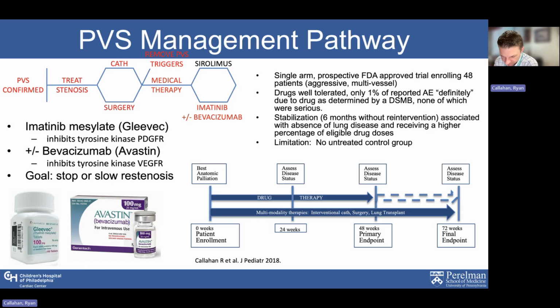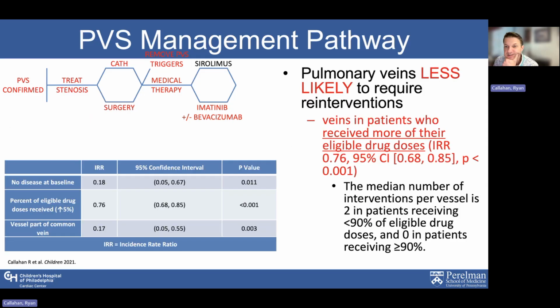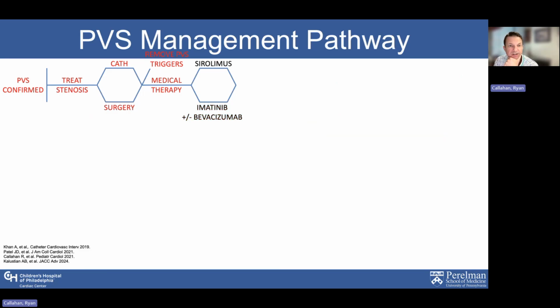So these complex babies tolerated the meds, and the patients who did the best were the ones that got most of their doses. So they got at least 90% of their Gleevec doses, and were more likely to not have restenosis. But it did have trouble overcoming patients with active lung disease, where they continued to have restenosis. They didn't necessarily die, but they continued to have restenosis on therapy. And this is a secondary analysis, which again showed on the vein level, the veins did better if the patient got most of their drugs. Well, I'm going to keep moving.